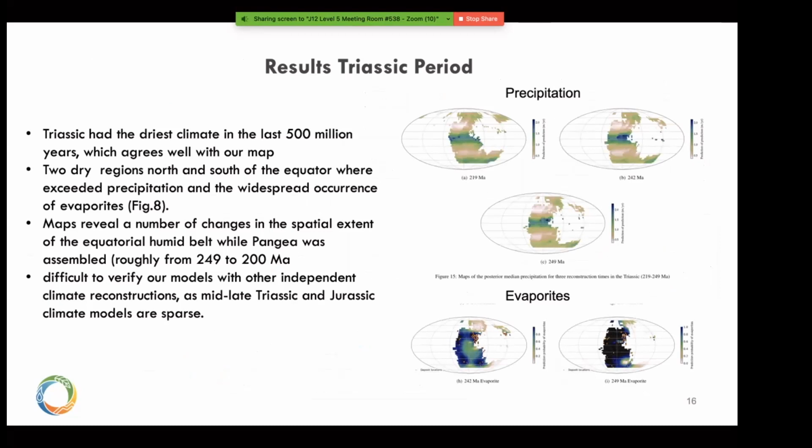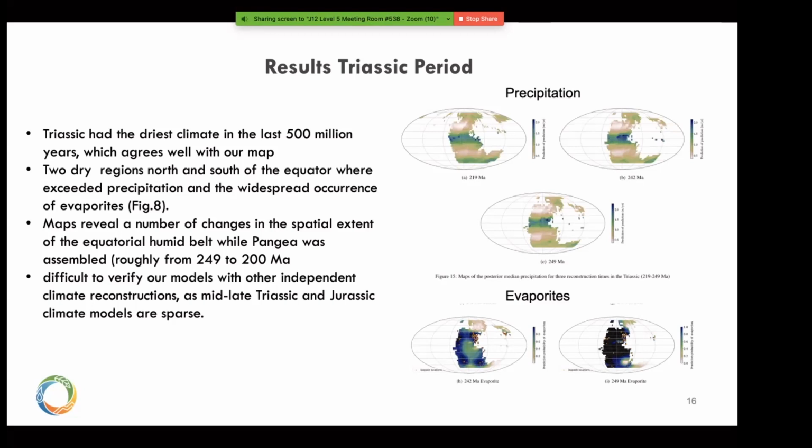So why was it dry a long time ago? Well, because we were effectively all one big landmass. Around the equator you're getting more rain than at the extremes, but the vast majority of it is just one big landmass, which leads to less rainfall because you've got less coastline and less influence of the ocean.